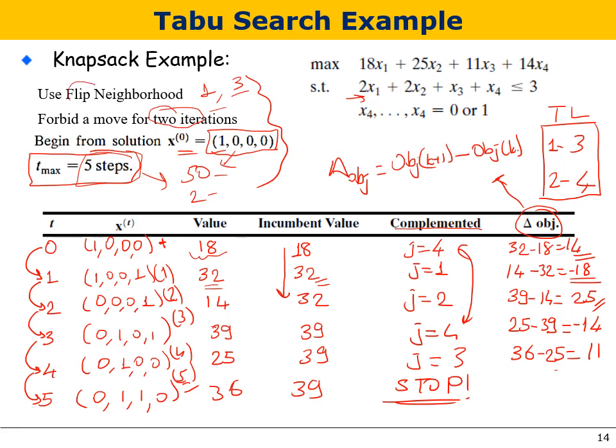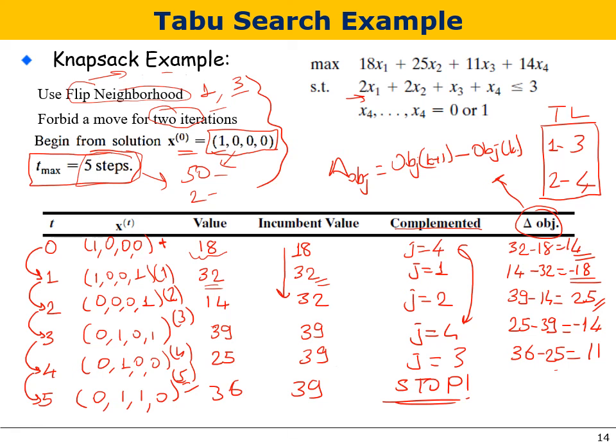If instead of flip neighborhood, you use a different neighborhood, then you may end up with a different solution. This is a good example to show the mechanism of the basic Tabu search. But all these parameters must be determined by you. If you want to develop your own algorithm, you have to decide on these parameter values. And these parameter values affect the performance of the Tabu search algorithm too much.